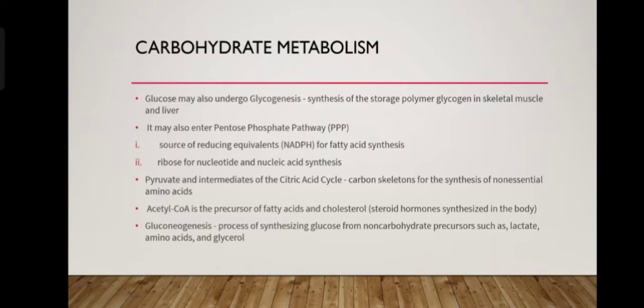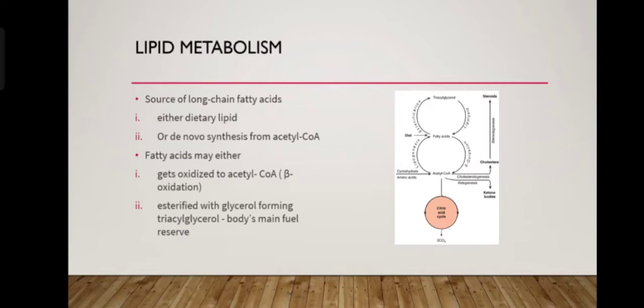Acetyl CoA is the precursor of fatty acids and cholesterol. And the third is gluconeogenesis, the process of synthesizing glucose from non-carbohydrate precursors such as lactate, amino acids, and glycerol.